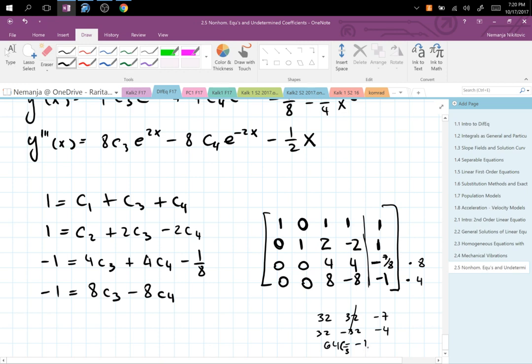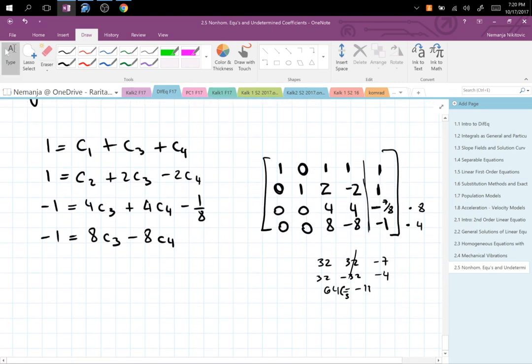You're subtracting the C3s? I'm adding, oh, okay. C4s into 0. What was the verdict? What's C1? C1 is, hold on, C1 is 39 over 32.